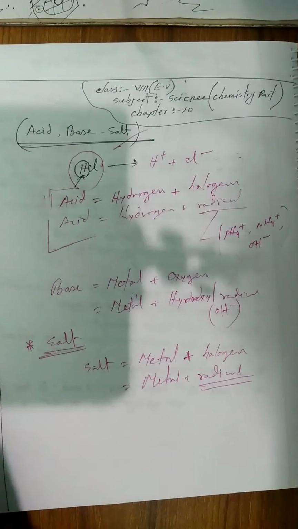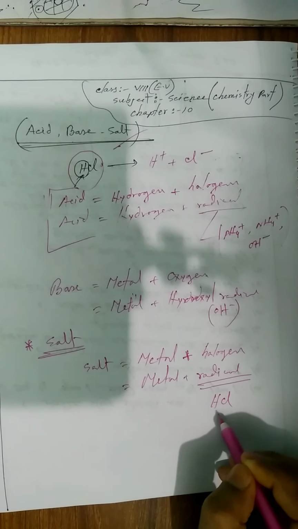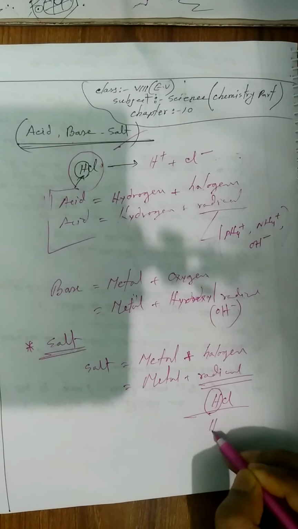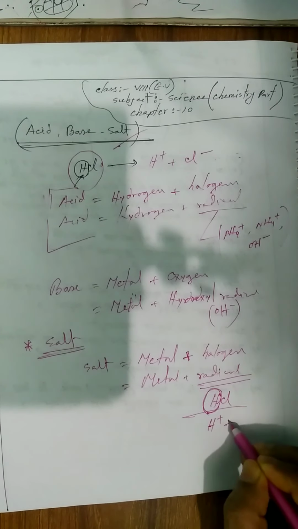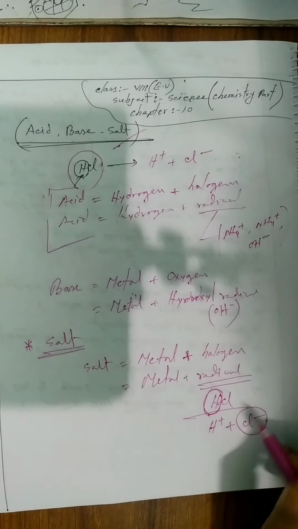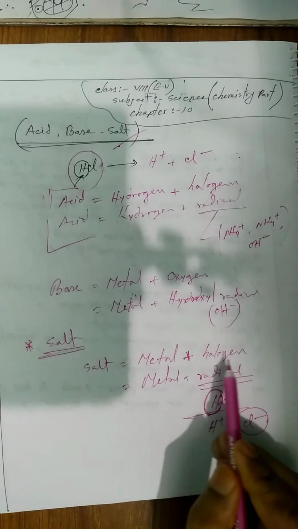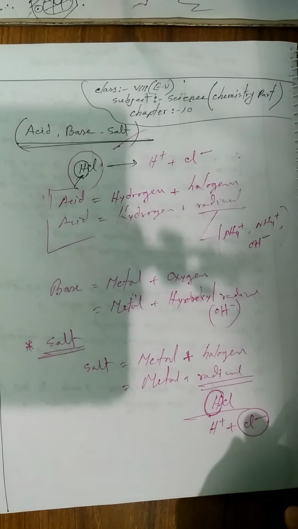What is acid radical? After eliminating hydrogen as hydrogen ion, the rest part of this acid is called acid radical. That means if this hydrogen atom is eliminated as H plus ion, chloride ion is formed. So this is acid radical, which comes from acid.